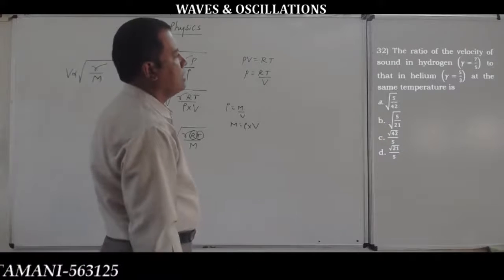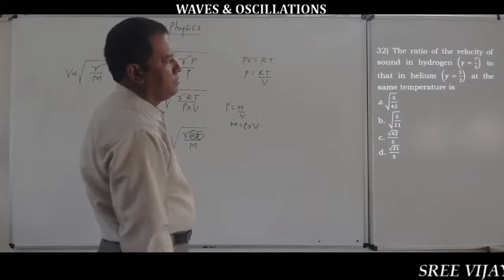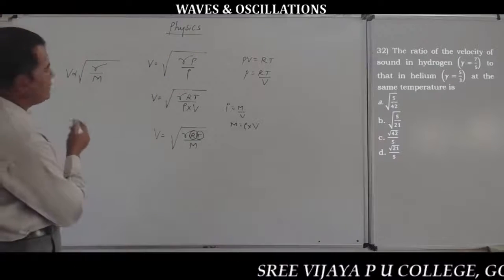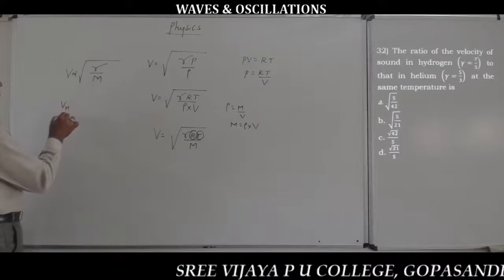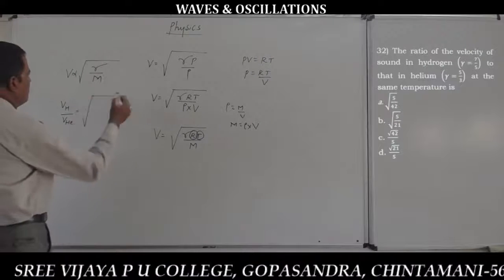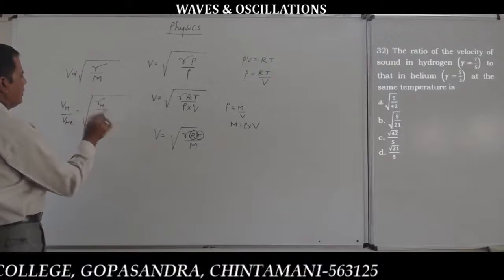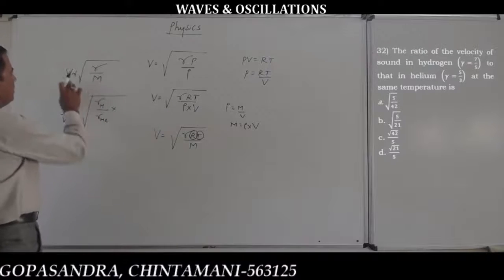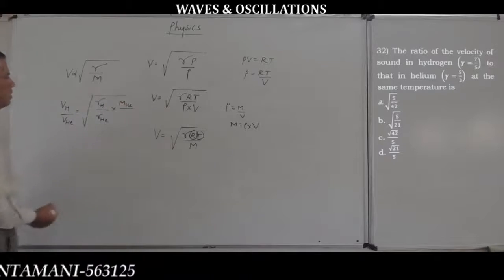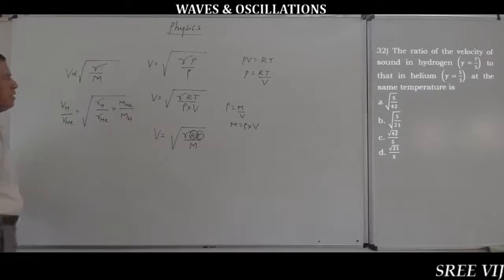The ratio of the velocity of sound in hydrogen gas to that in helium: VH by VHe is equal to square root of gamma of hydrogen by gamma of helium, because V and gamma are directly proportional, but V and mass are inversely proportional. Mass of helium by mass of hydrogen.